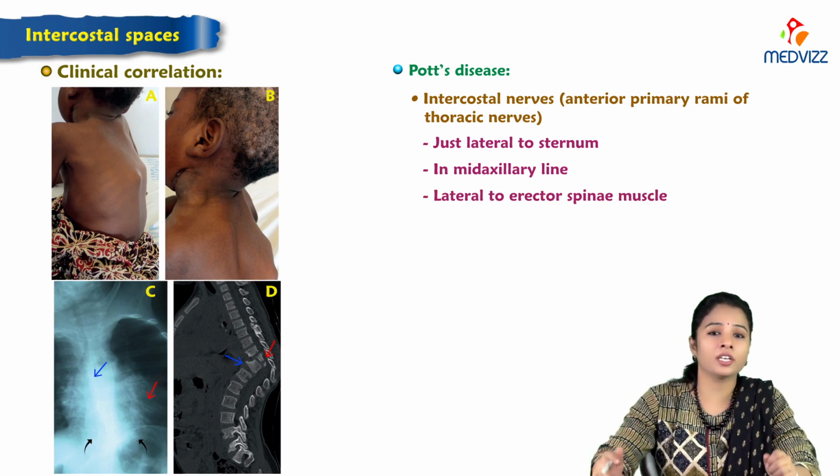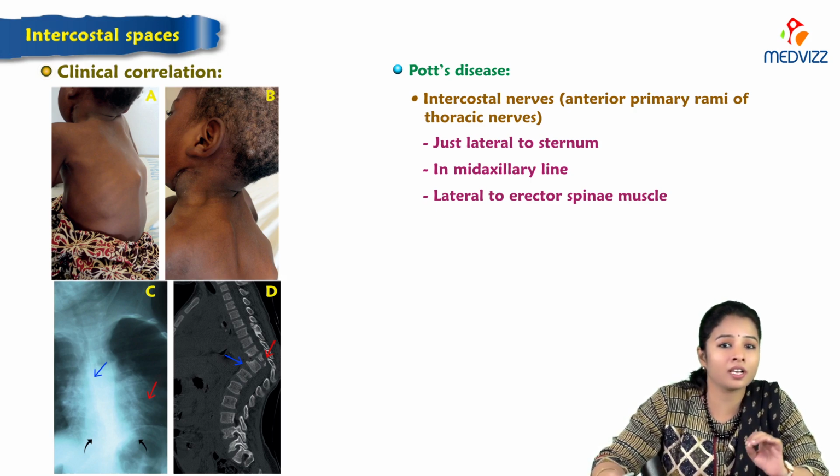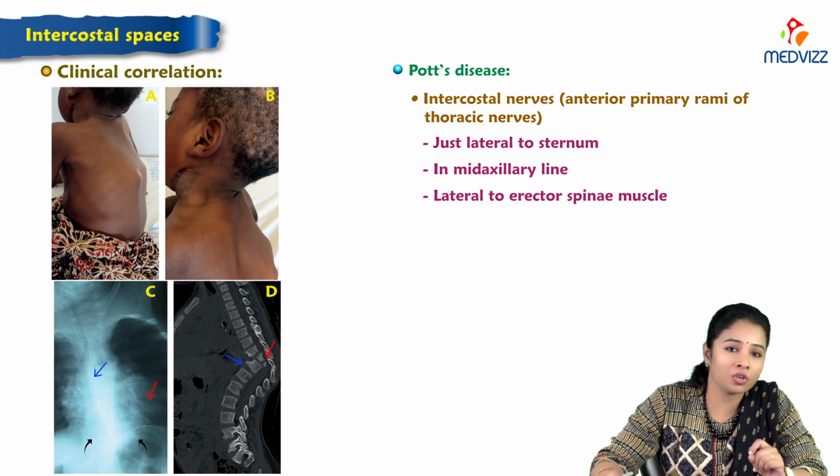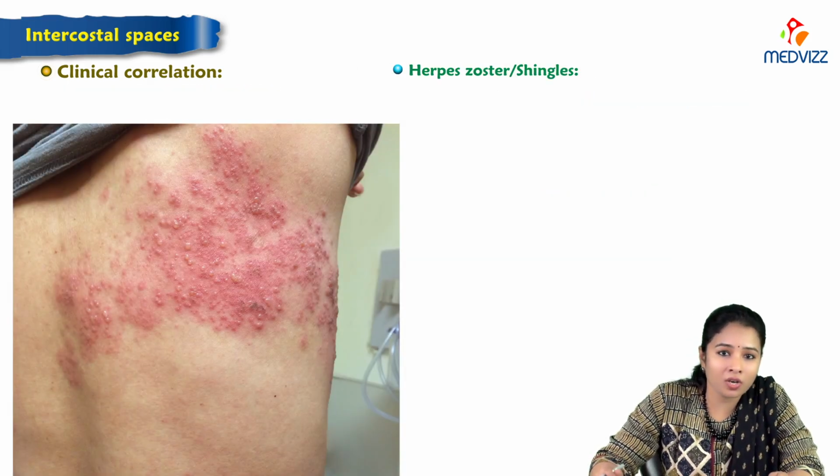At these 3 points the pus tracks down and causes irritation of nerves, which is called Pott's spine.